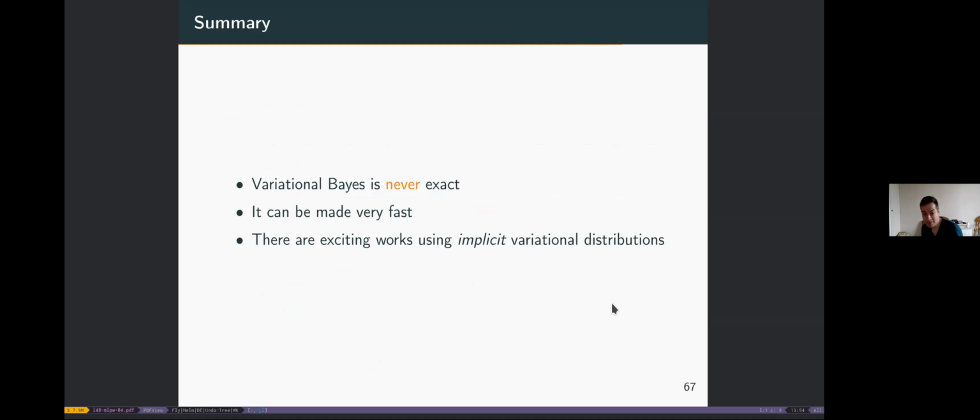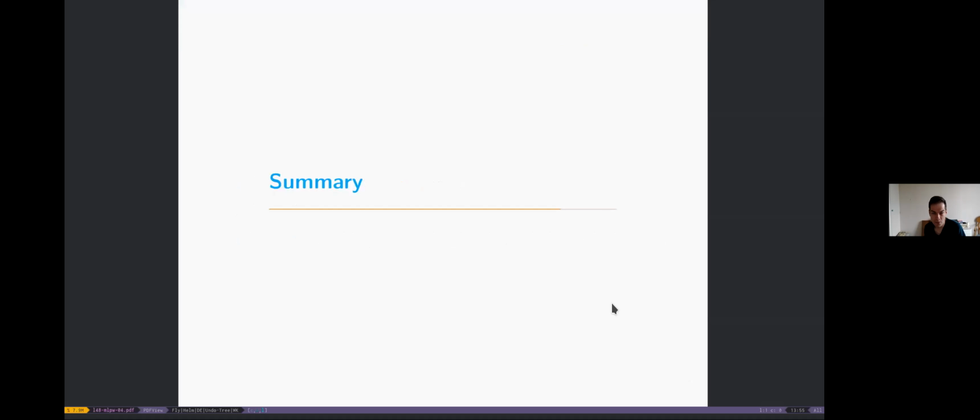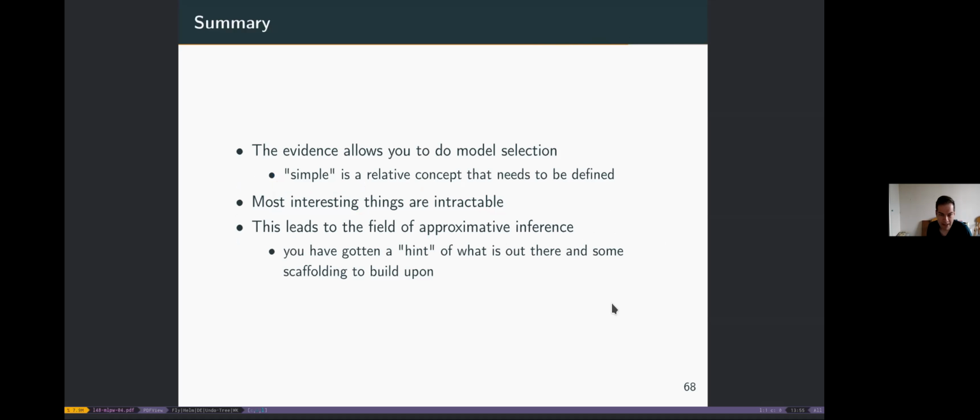But it can be made very fast, and there is exciting existing work at the moment looking at mixing sampling and variational inference by making implicit variational distributions. So that's a very brief summary of what we tried to get across.